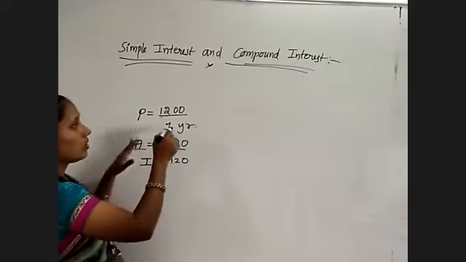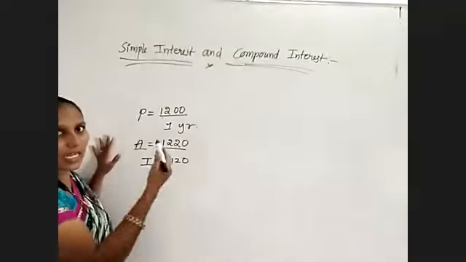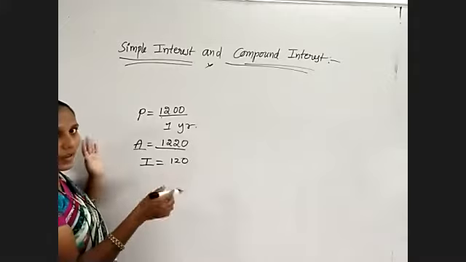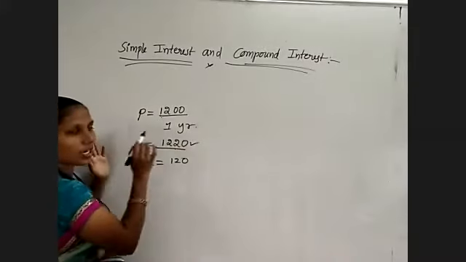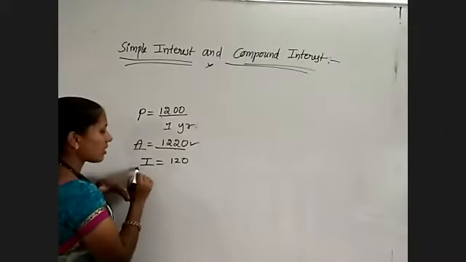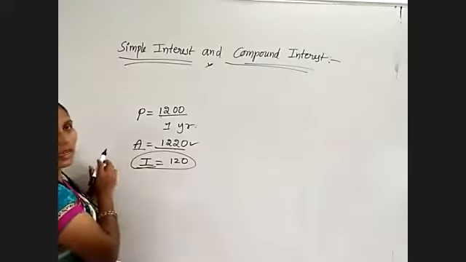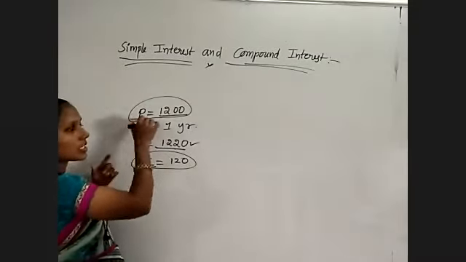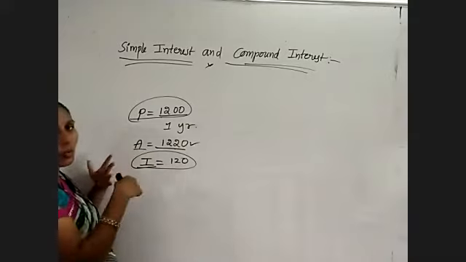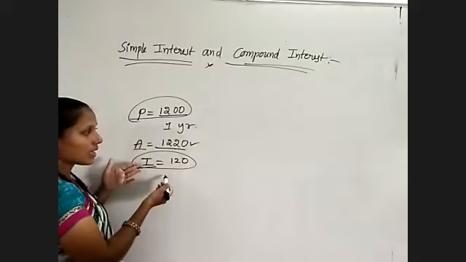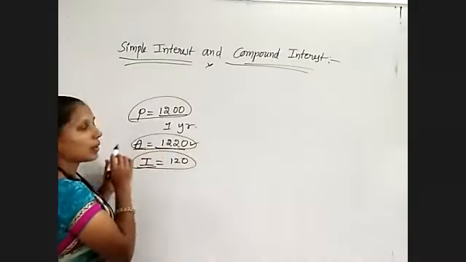Okay. So whenever you are borrowing from any bank or any person or wherever, compulsorily we have to pay somewhat extra amount. That extra amount is interest. And how much you borrowed at the start, that is principal. How much you are paying with the interest, that is known as amount.